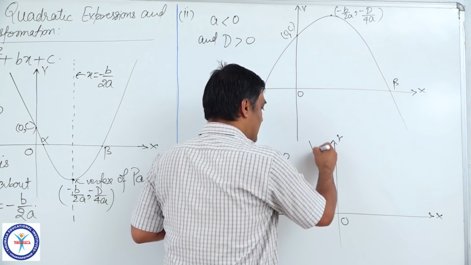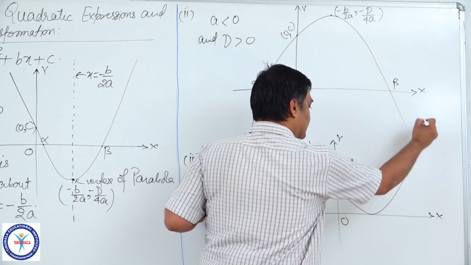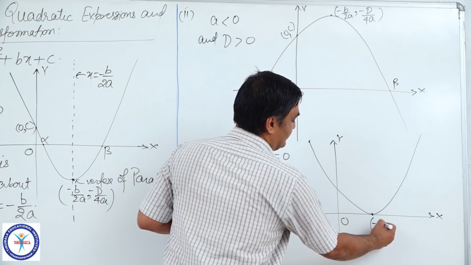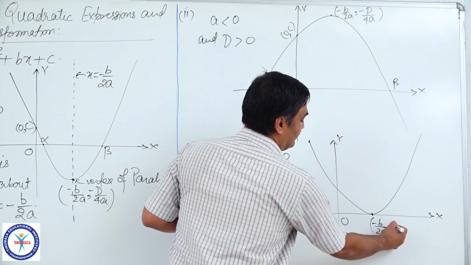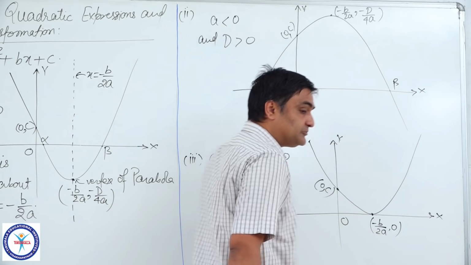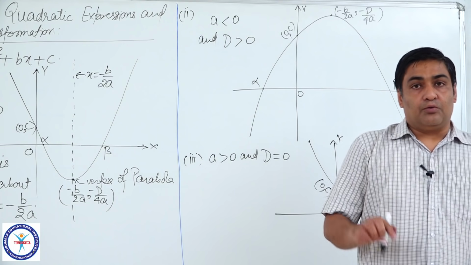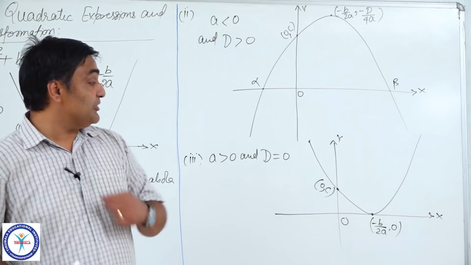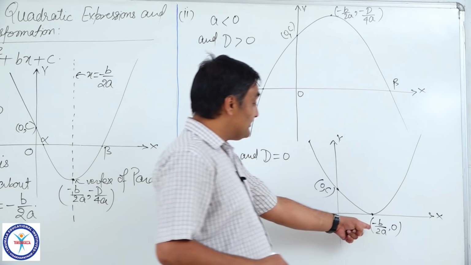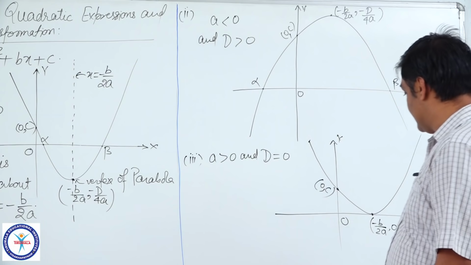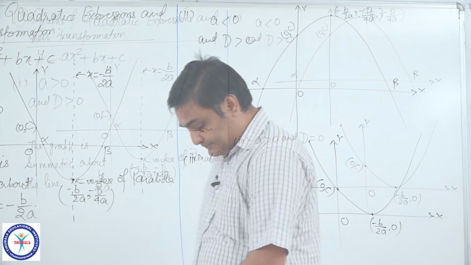So the graph will be like this. This is (minus b by 2a, 0). This is (0, c). When roots are equal, or we say it is repeated, then the root is equal to minus b by 2a.